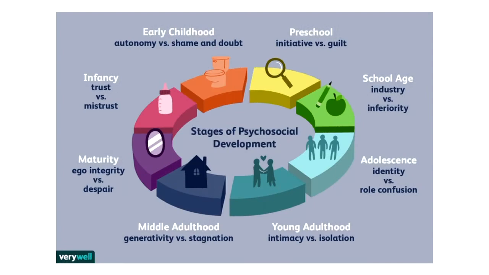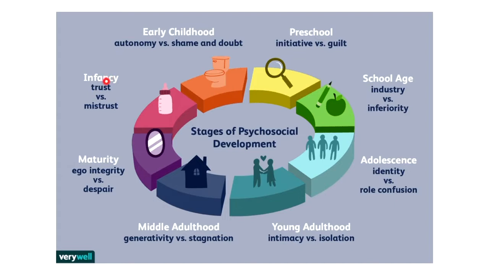So in chapter 12, we're going to be looking at Erikson's theory of psychosocial development, kind of represented by this particular graphic right here. And what this represents is a sequence throughout a life path that begins right here in infancy.